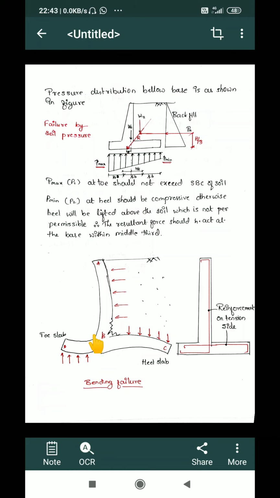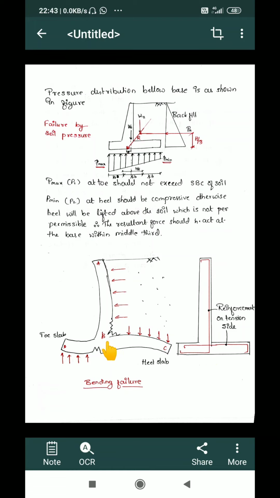So this is the reason why we provide reinforcement on this side. When I apply a pressure on this side, there will be a cantilever action, so this side is a tension side and this side is a compression side. So I am providing reinforcement in this way.